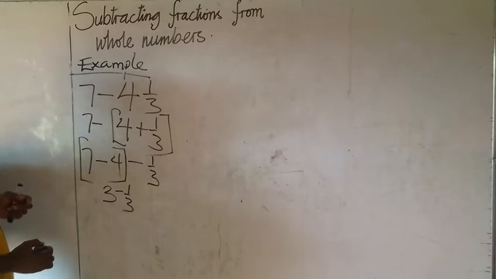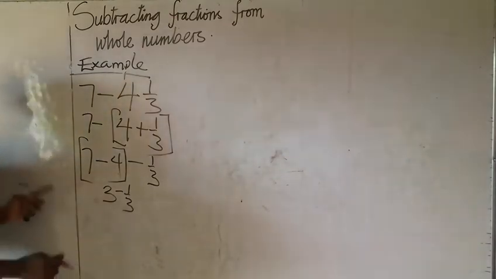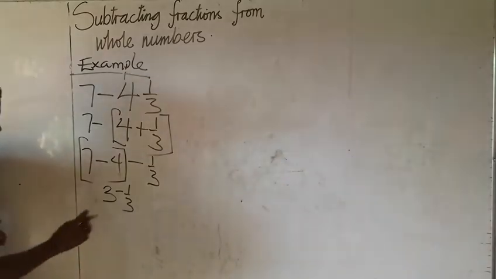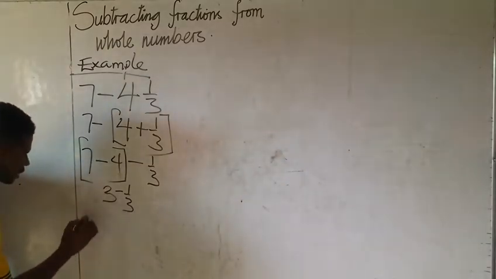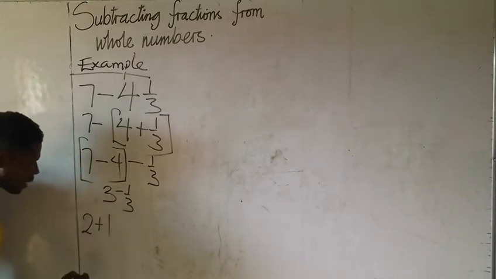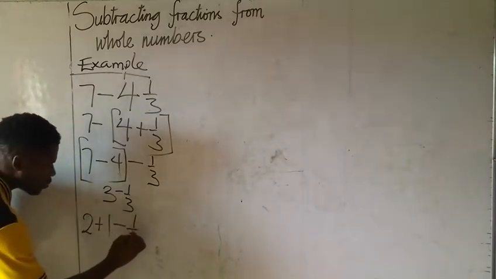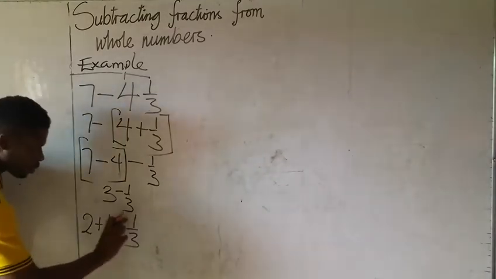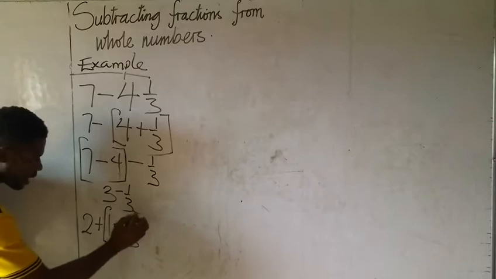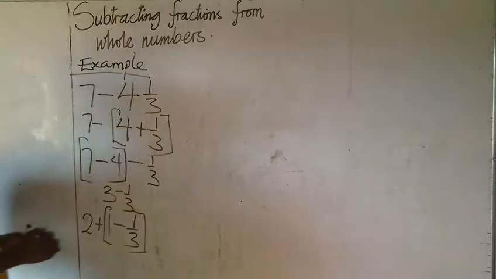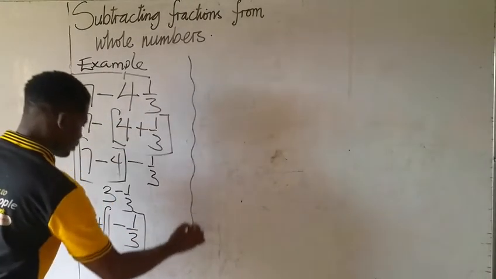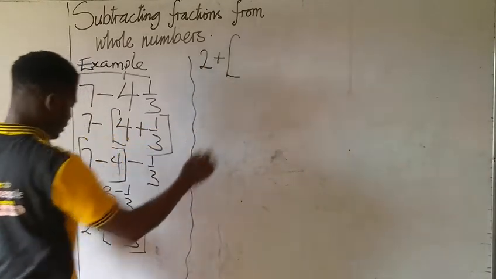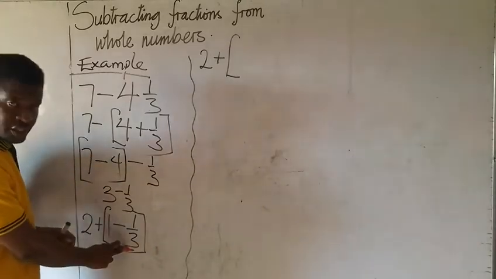Good. So, getting to this point, we'll remember what we've done earlier in the first example. Break down your 3, or split it in this manner, so that we have 2 plus 1 and then minus 1 over 3. Remember, we're trying to take away this from this whole, so we place this in brackets. Then our 2 plus, open up the brackets, our 1 becomes what? 3 over 3.